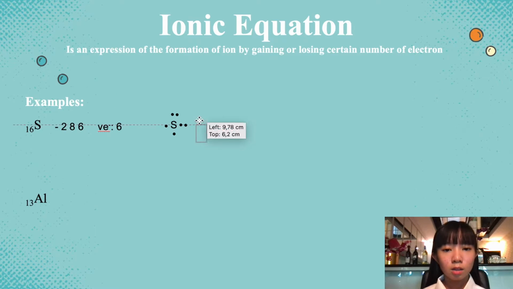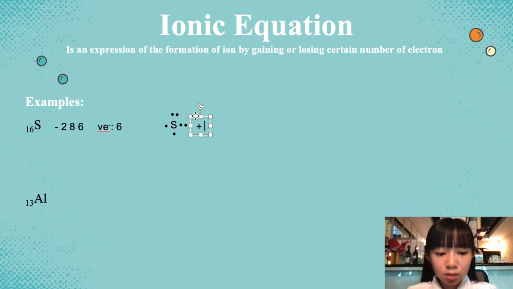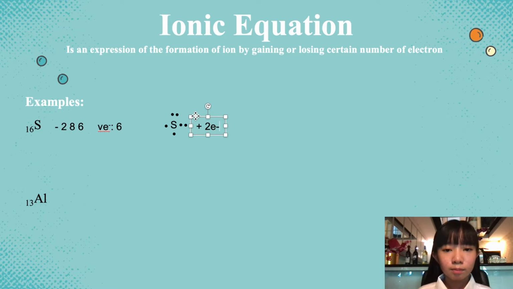Next, we write down plus 2 electrons. Okay, why plus 2 electrons? Because sulfur has 6 valence electrons, which means that sulfur needs to take in 2 more electrons in order to become stable. So we need to write down plus 2 electrons.